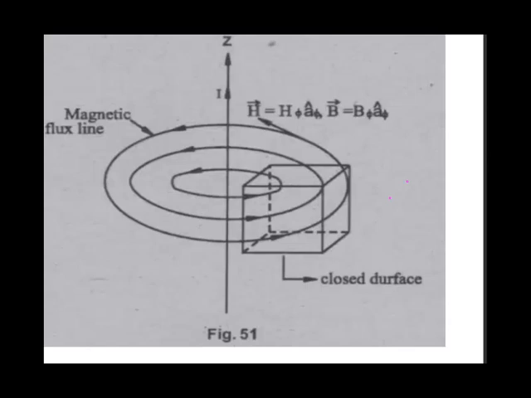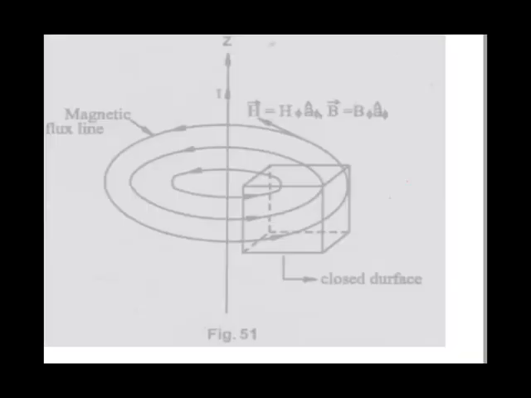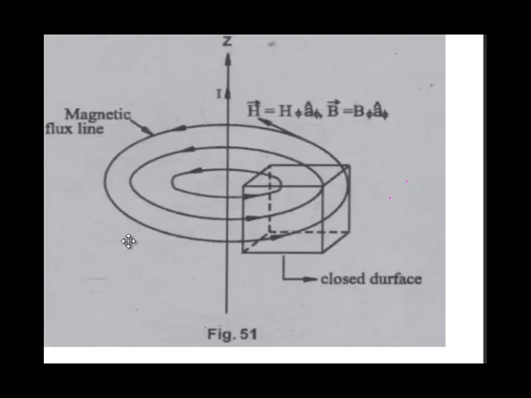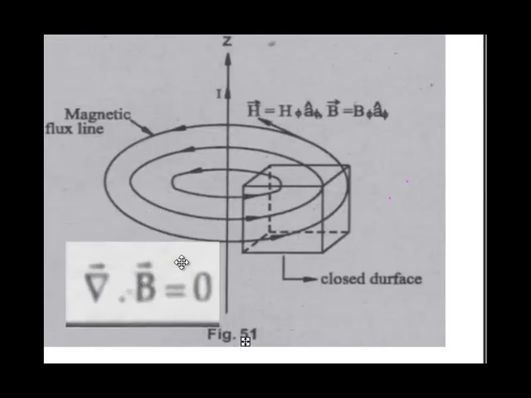The formula that I have shown was the integral type formula. If you take the differential form, using the differential operator, it will also be 0. Del dot B will be 0 again.